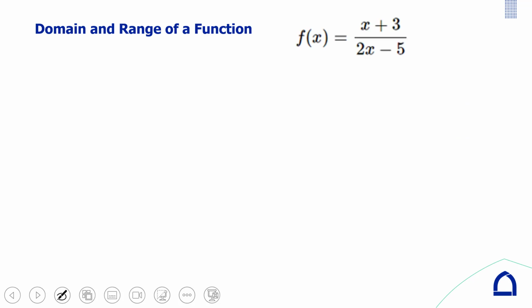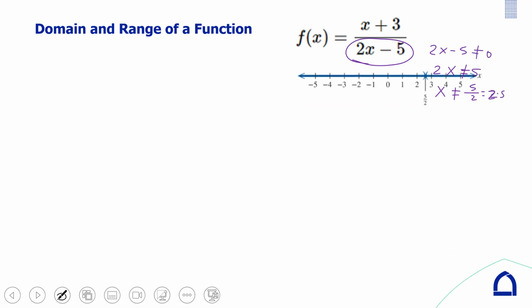Now, this is a rational function. Again, we have a problem: the denominator shouldn't be 0. So x shouldn't be equal to 5 over 2, which is 2.5. If you graph this one, you will have a graph with no value at x equal to 5 over 2. So we have to avoid 5 over 2.